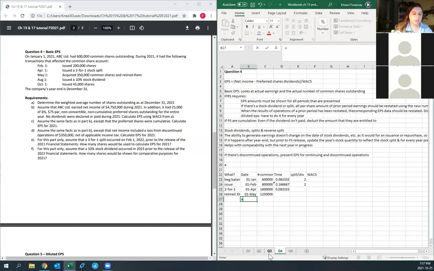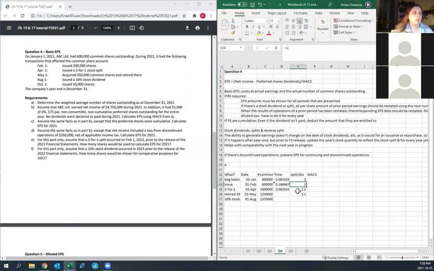Then on August 1st, they issued a 10% stock dividend. So that means that now they have 10% more shares. So you're going to do 1.1 times the amount of shares that they had previously. And since you didn't issue new shares, you just increased the number of shares for everyone, you're going to have to come here and add your 1.1, 1.1 for all the previous transactions.